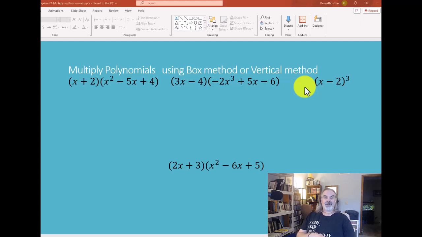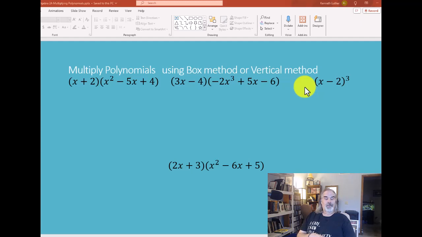In fact, these instructions say multiply these using the box method or the vertical method. Honestly, I don't know what those are, and I don't know that we need to know what they are, because we know how to get these done anyway, just by remembering that multiplication is distributive.